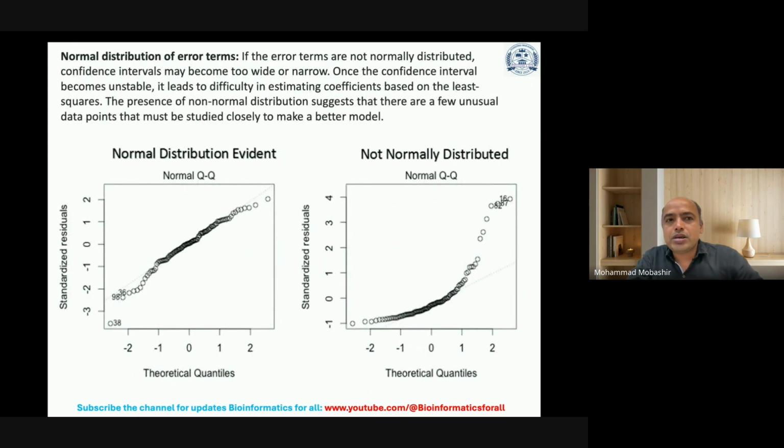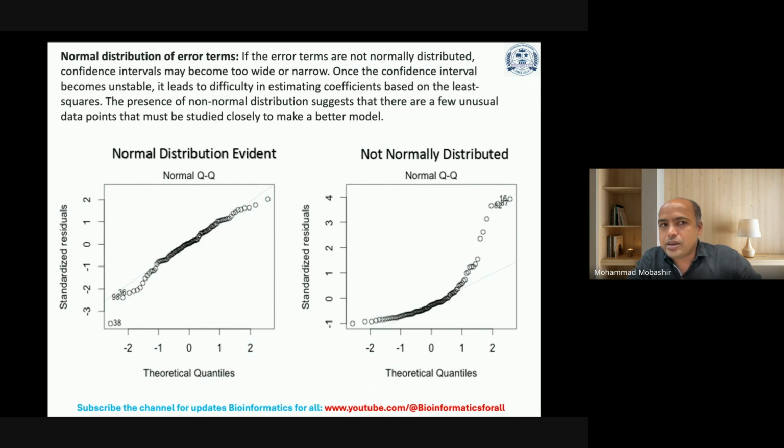The normal distribution of error terms: for example, when you are going to plot a normal distribution for some kind of analysis, is it really showing the normal distribution or not? Then you need to look, because if the error terms are not normally distributed, confidence intervals may become too wide or narrow.